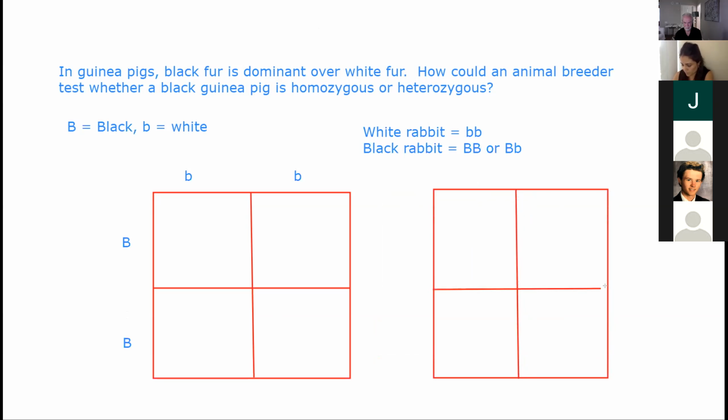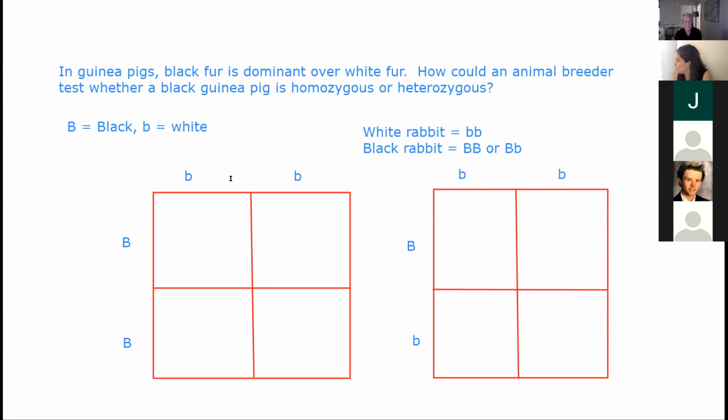So I'm just going to quickly set this up with a little b and a little b, and we said the one over here was going to be a big B and a what? This is the alternate, so a little b.